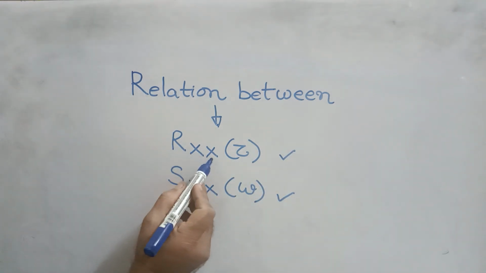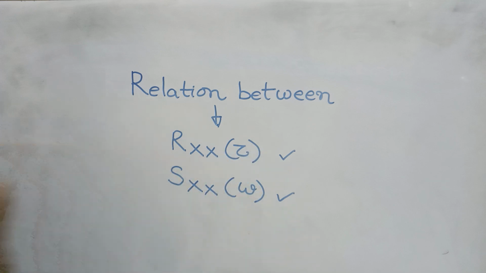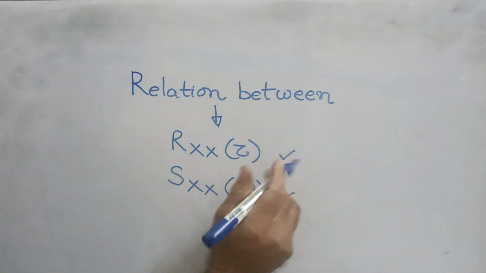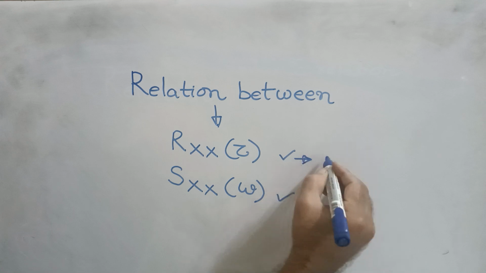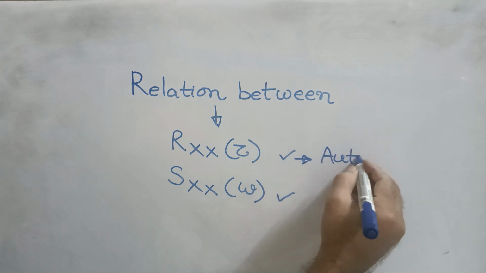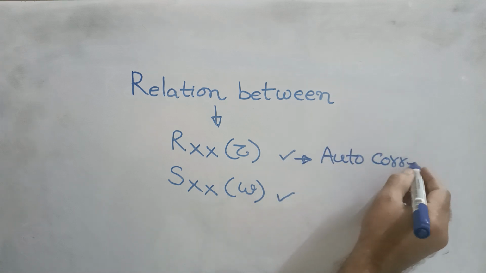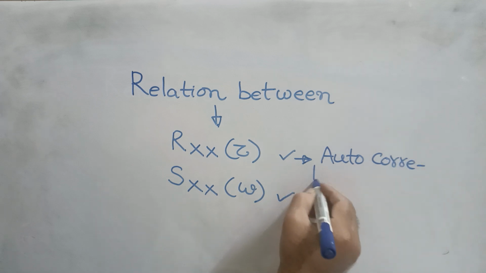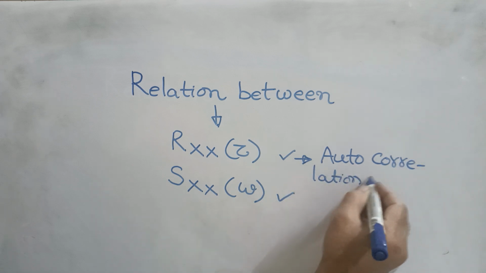So Rxx of tau, this is called tau. This is nothing but the autocorrelation function.